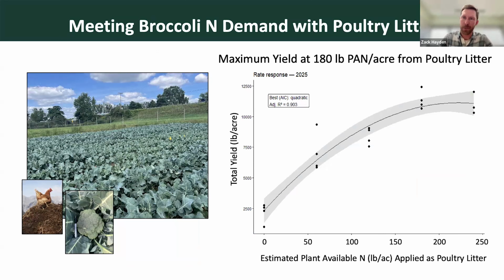So we've done a whole lot of these calculations and a lot of different studies over the years with different vegetable crops, looking at rate responses to organic materials. In this case, this is from last year. We were interested in meeting broccoli nitrogen demands with poultry litter. Now, key thing with broccoli is broccoli has much higher nitrogen demands than a winter squash crop.